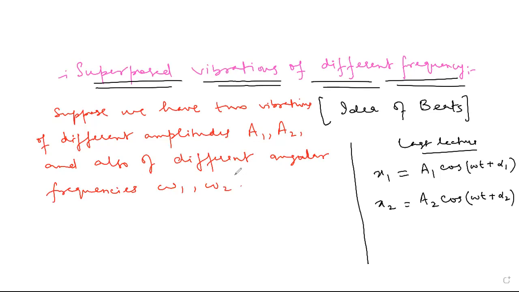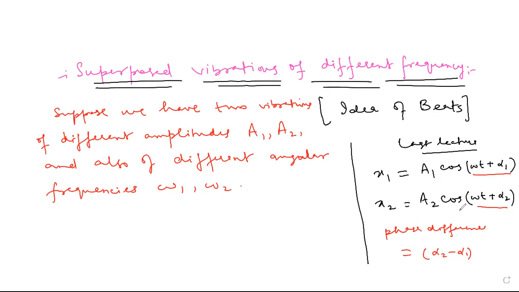Now, in the last lecture, the phase difference of these two SHMs is just alpha 2 minus alpha 1. Alpha 1 is the phase of one SHM, alpha 2 is the phase of the second SHM. If you find the difference, omega t plus alpha 2 minus omega t minus alpha 1, omega t will cancel out. You will get alpha 2 minus alpha 1.